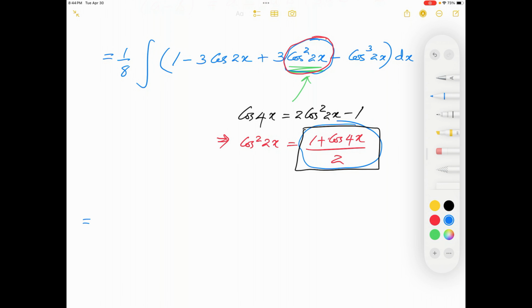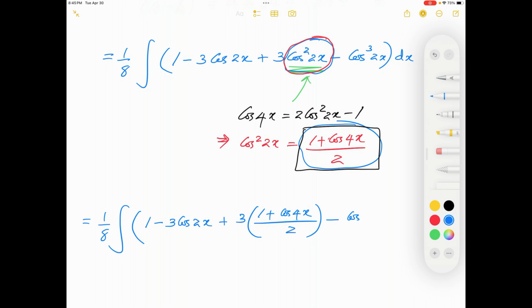Therefore, this integral becomes 1/8 integration within parenthesis 1 minus 3 cosine 2x plus we have a 3 right here, and we said cosine squared 2x term is equal to 1 plus cosine 4x divided by 2, and then minus cosine cubed 2x. I will close the parenthesis and we have dx.